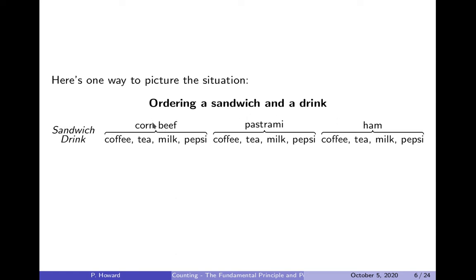And with each sandwich, there are 4 possibilities for your drink. So you could order corned beef with any one of the 4 beverages, pastrami with any one of the 4 beverages, and ham with any one of the 4 beverages. So here the orders are grouped into 3 groups, depending on the sandwich, with 4 orders in each group.